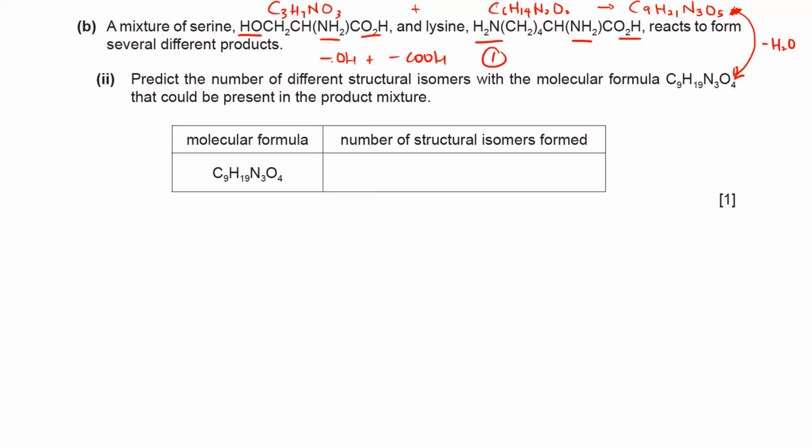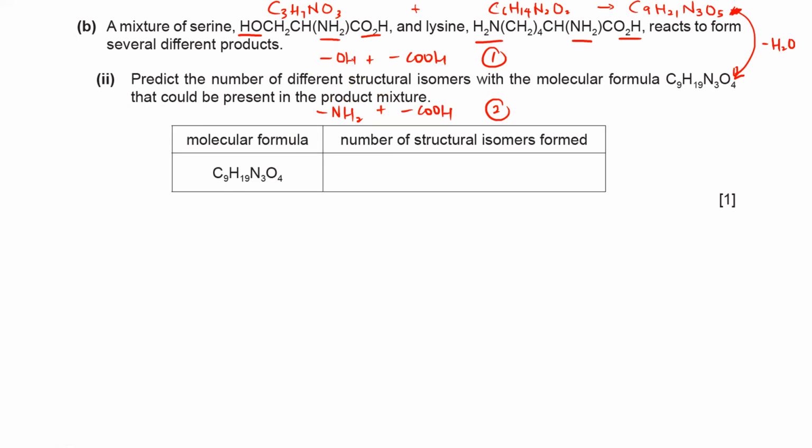Then the NH2 from serine and COOH from lysine, another condensation reaction. So everything I write on the left-hand side are the functional groups from serine. What I wrote on the right-hand side will be functional groups from lysine.